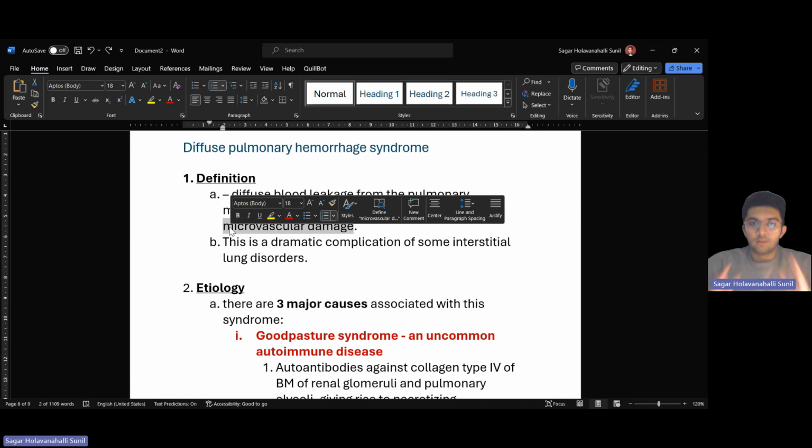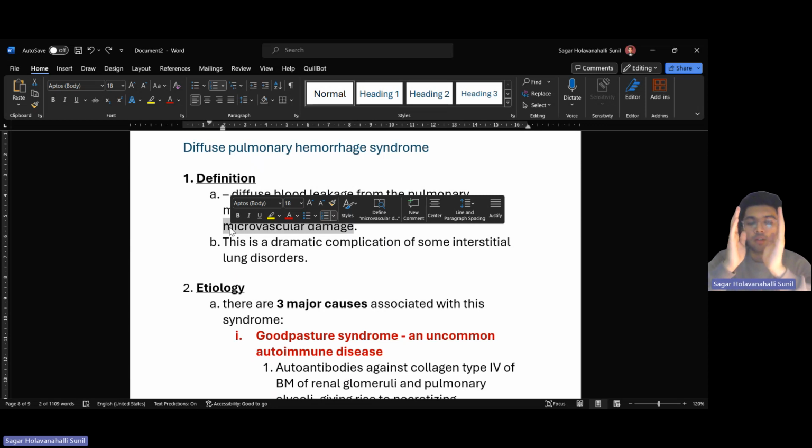If this is the septa, on this side you have the alveolar space and the alveolar cells, type 1 and type 2 pneumocytes, and in between you have the septa itself, and within the septa you have connective tissue and the pulmonary vasculature, and on this side you could have another alveolar space.